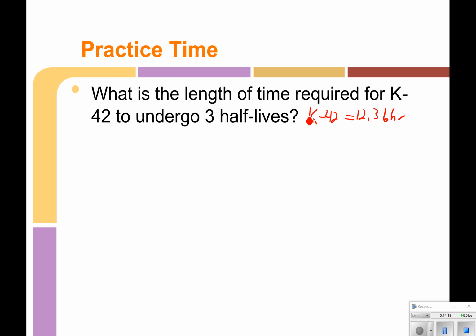And we want to figure out how much time is required to undergo 3 half-lives. Well, if it's 12.36 hours for every 1 half-life, and we want to undergo 3 half-lives, when we multiply these together, our half-lives cancel. We're left with time.